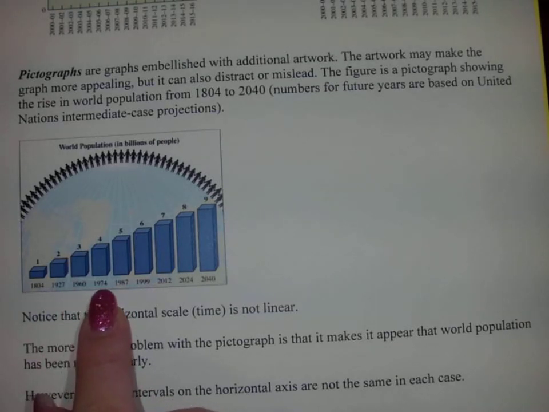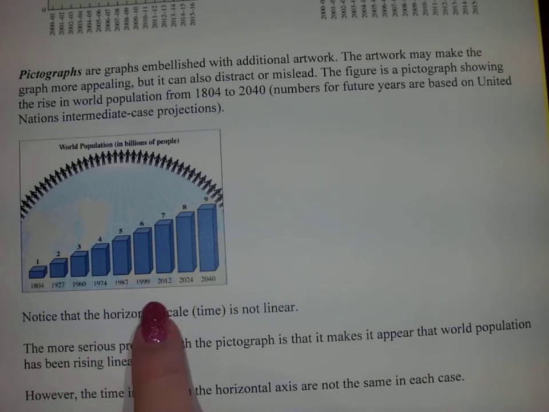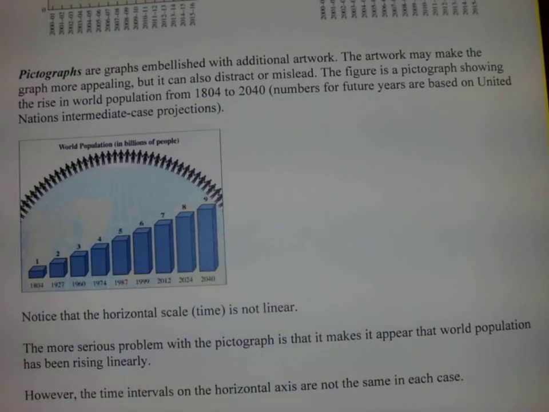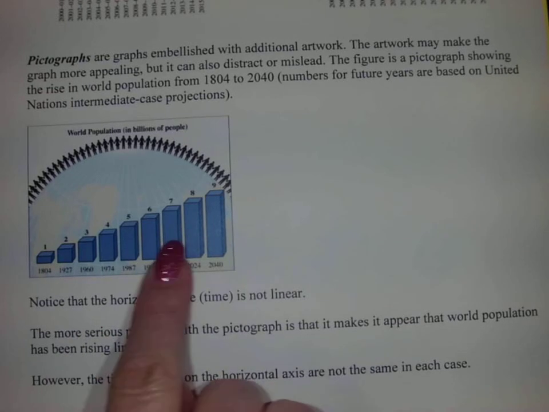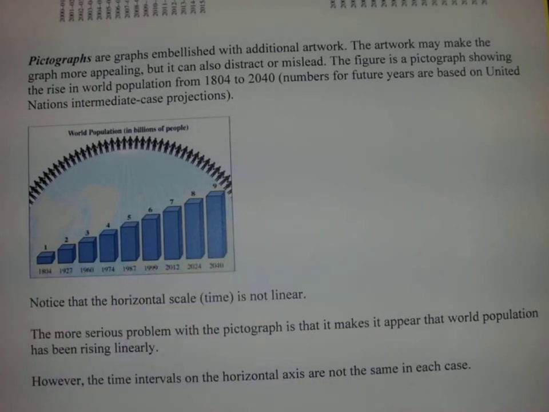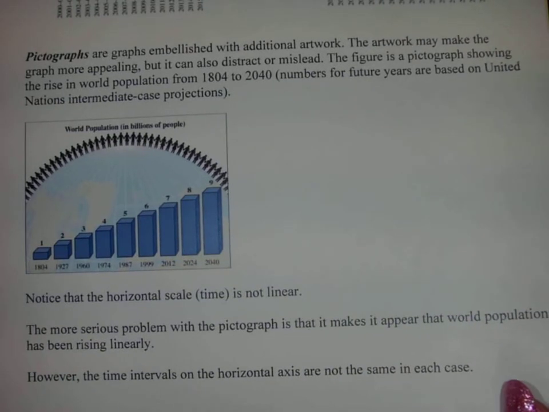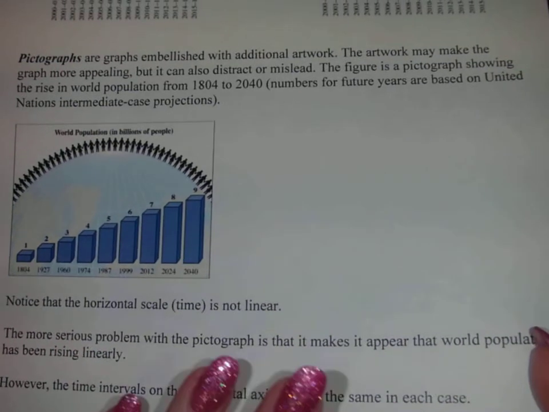And then we went up 13 years to the next one, and then 12 years, and then like 15. So if you're looking at the time frame, just be aware it's not like they're equal increments, but they kind of make it look that way. So they're spaced for visual effect, but the spacing does not convey accurate time information. So just be aware. Things are not always what they seem in the graphs.